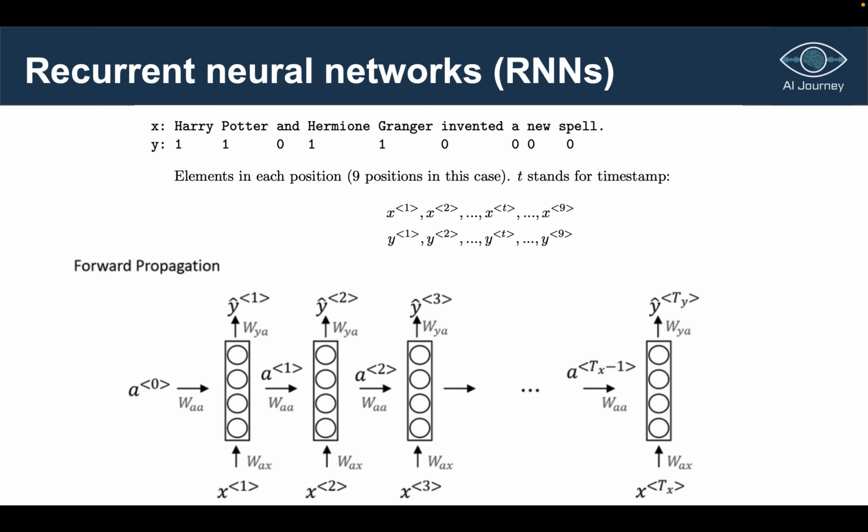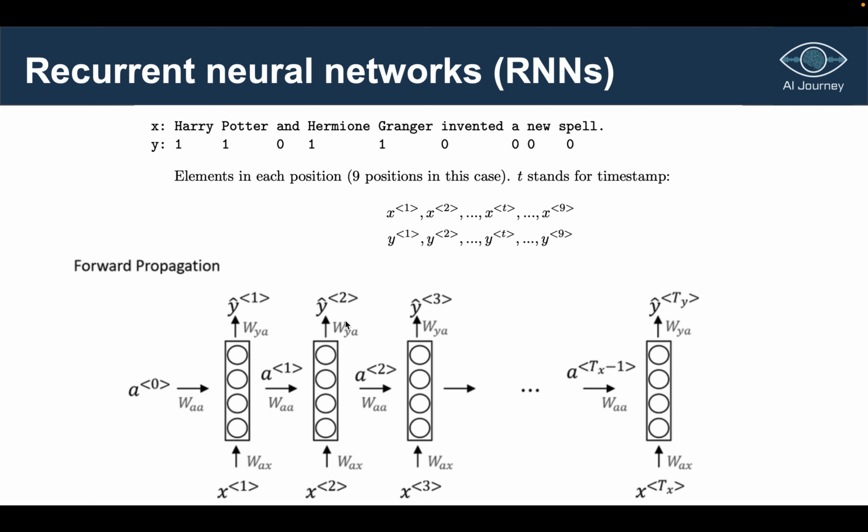Let's say that again. I'm gonna be inputting x2 into some layer, projecting all the information into some layer via a matrix called WAX, and I'm gonna be computing this thing called activation, which is a shared memory to remember things from the past based on the past things and x2, and then I'm gonna be projecting things into another space via a matrix which is responsible for producing the output, which is called WYA.